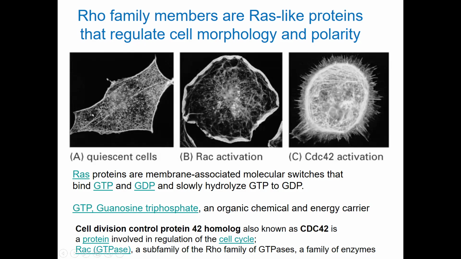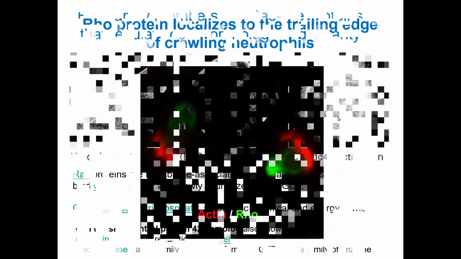For example, initially the cell is like that, and when activated, it becomes like this, and then gradually the cell morphology is changed during the movement, and this morphological change is actually involved through changes in the cytoskeleton. I shall discuss later on.